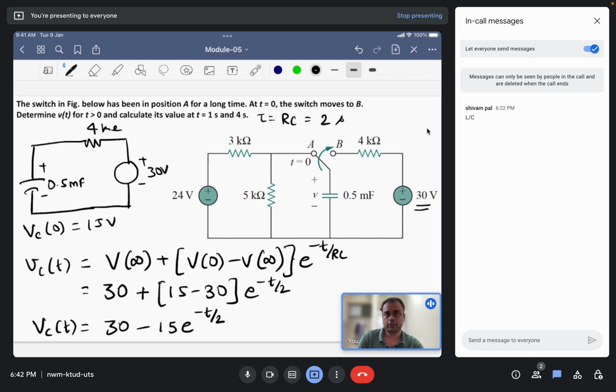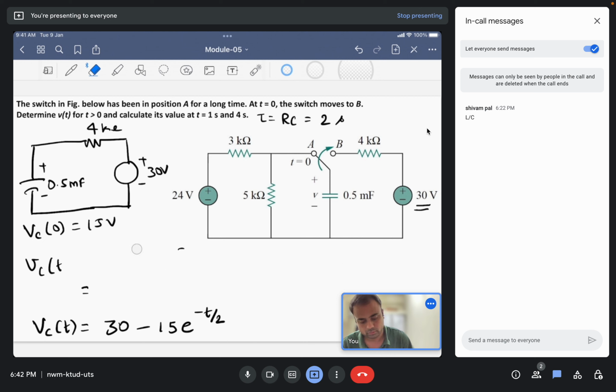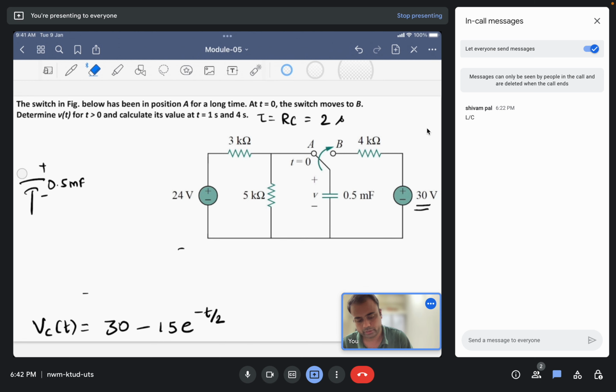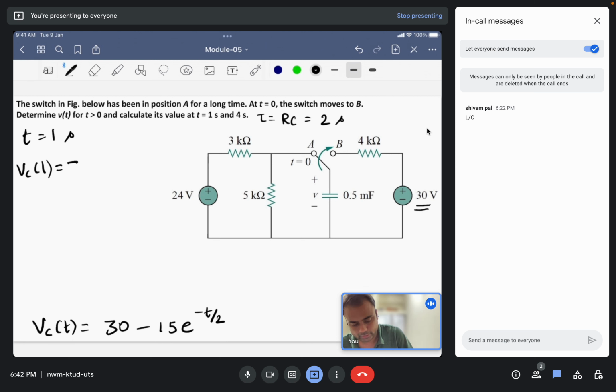In the question we have to calculate the values at different time steps, that is at time equals to 1 second and at time equals to 4 seconds. So let us calculate that. At t is equal to 1 second, VC1 will be 30 minus 15 e to the power minus 1 by 2.